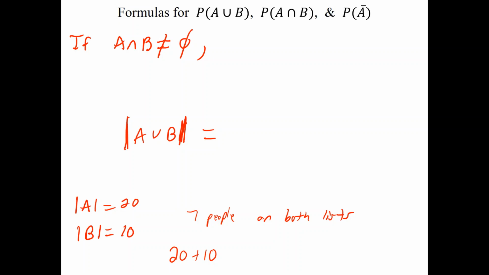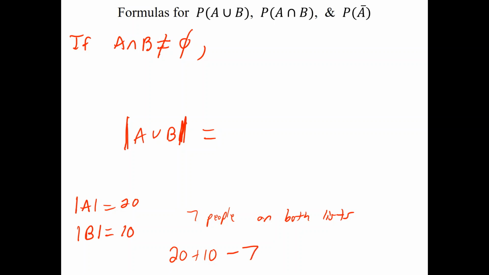So you probably came up with the answer 23, which is correct. But think about it in this weird way. That way it's going to help me get the formula that I need. Okay, so you start off by doing 20 plus 10. That counts the invitations. But then from the 7 people who got 2 invitations, you're going to take 1 away from each of them. So you're going to take away 7 invitations.